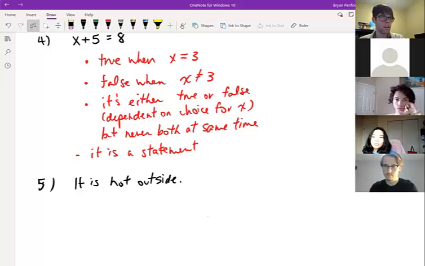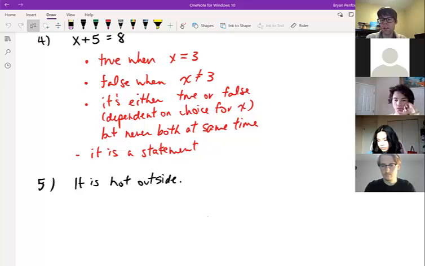But maybe there's somebody that lives near the North Pole and they come and visit and they're like, it's really hot outside right now. So I want you to notice here that in this sentence, the word hot is kind of subjective, right? If there were degrees associated with this, or some kind of component where we could actually measure, that would be easier.